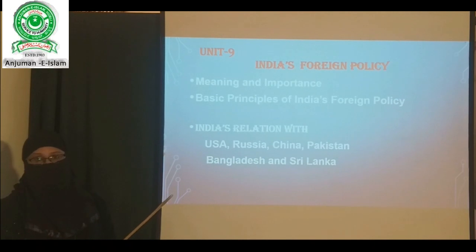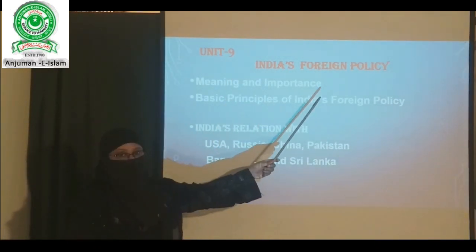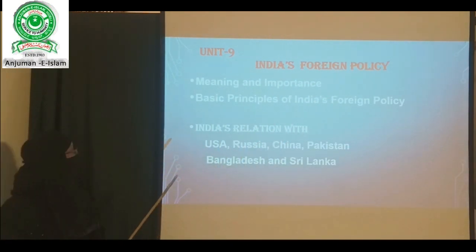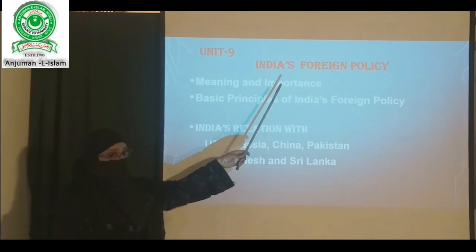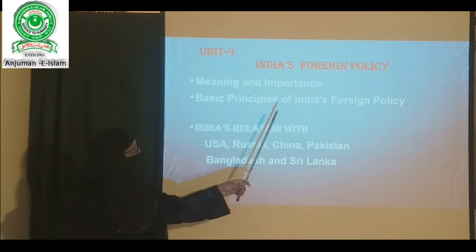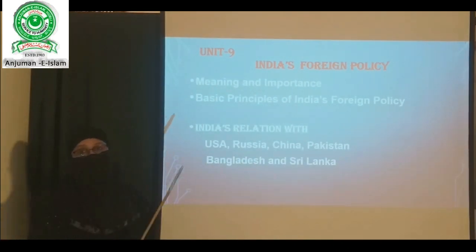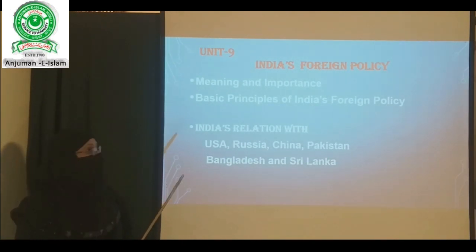Students, last but not the least, that is Unit 9, India's Foreign Policy. Very important, where we will be seeing the meaning and importance of India's foreign policy, and how India has adopted policies towards other nations. Next is the basic principles of India's foreign policy. Whenever India has adopted any kind of policy with another nation, it has kept in mind the democratic principles of our country.